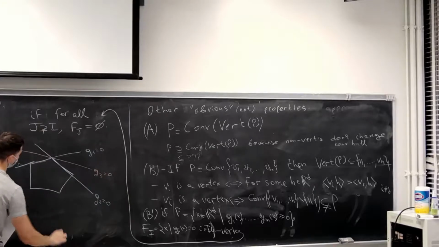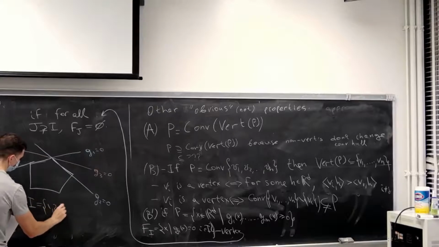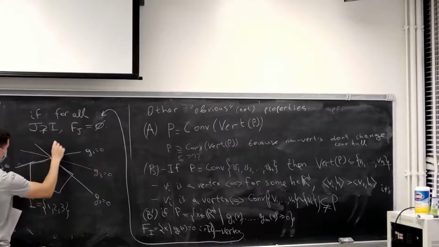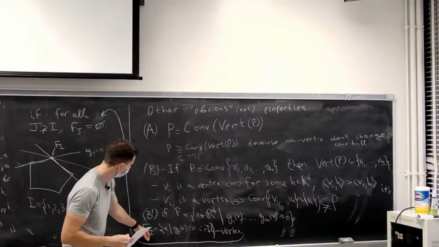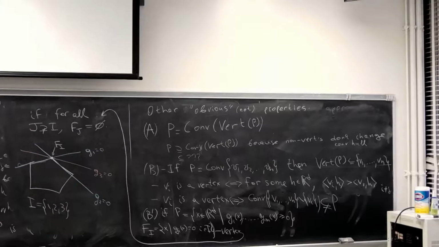Then I can take I to be 1, 2, 3, and this is going to be F sub I. If you add any more G to the set of the ones which vanish at this vertex, then you get an empty set. Right, that is also true: if you take a vertex and then take I to be the set of all G's that vanish at this vertex, then this becomes an if and only if.